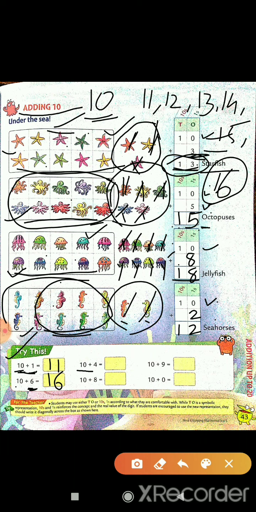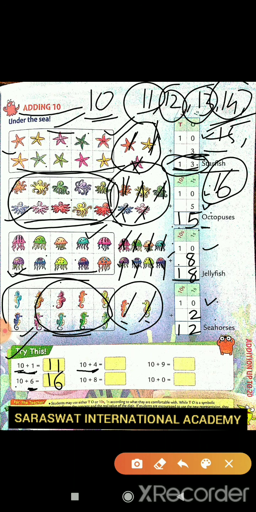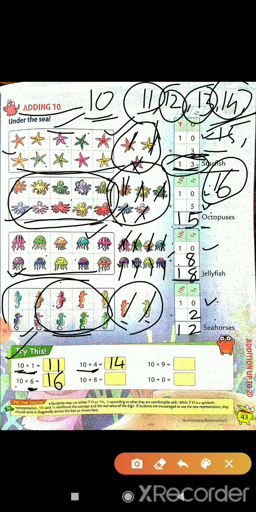Then 10 plus 4. So you have to count forward how many times? 4 times. So what comes after 10? 11, 12, 13 and 14. So what is the answer here? 14. Got it, students?